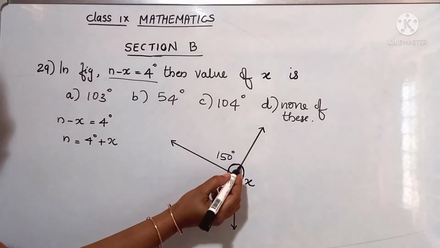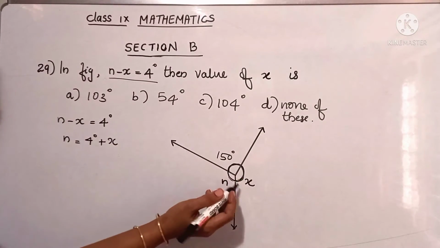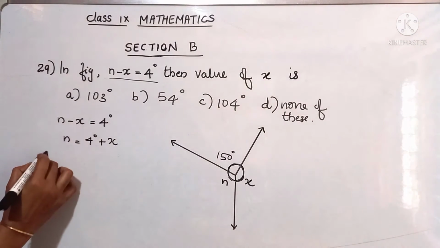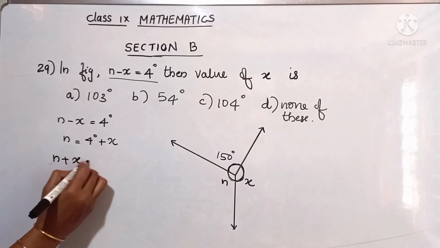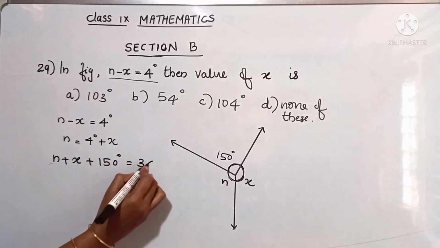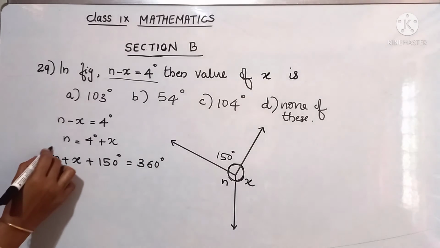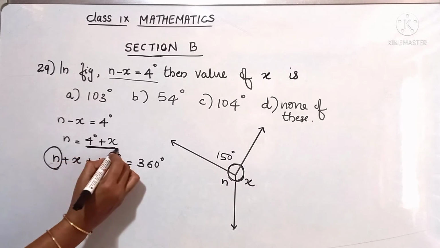Then observe the figure. Here we can see it is a complete angle. That is, the sum of these three angles we have to get 360 degree. That we can write: n plus x plus 150 degree is equal to 360 degree. Then we have to substitute instead of n. We know n is equal to 4 degree plus x.